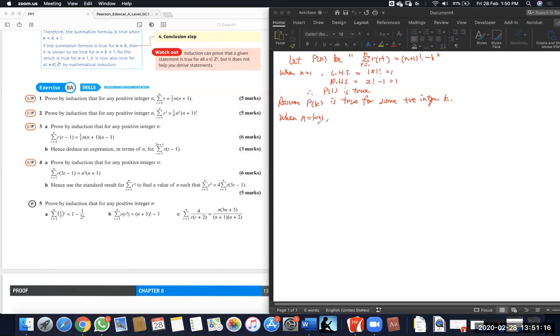So when n equals k plus 1, the left-hand side is a summation from r equals 1 to k plus 1 of r times r factorial. And then you can also write down the formula for the assumption in the third part. So you assume that when n equals k, it is also true.